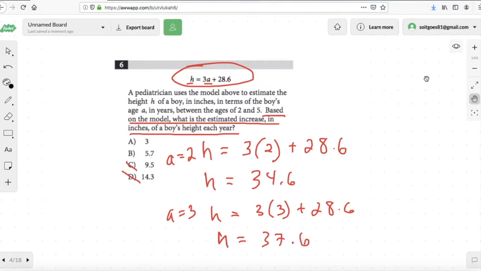If you were going to guess between A and B, what would you guess? A. A. And if you wanted to, you could plug in a 4. You would get 12 plus 28.6. You get 40.6, another 3-inch increase. But we don't need to guess there, right? You just calculate how tall he is at each age by plugging in the values. Juliana, does that make sense?